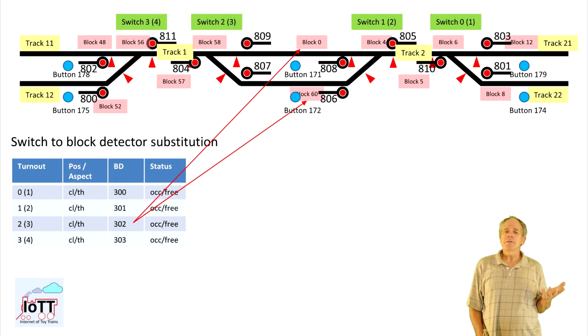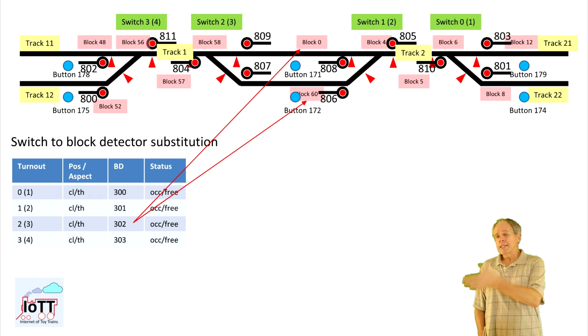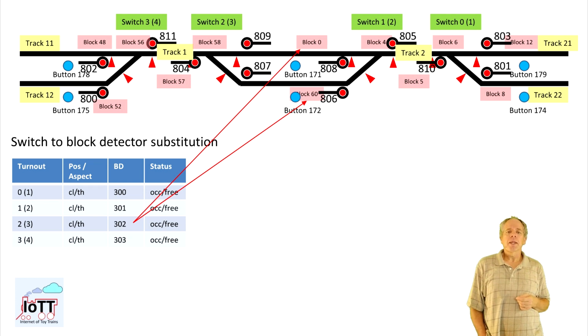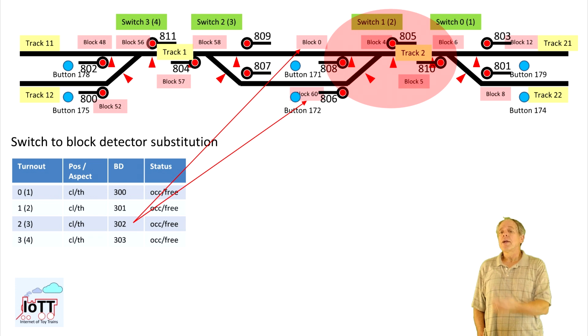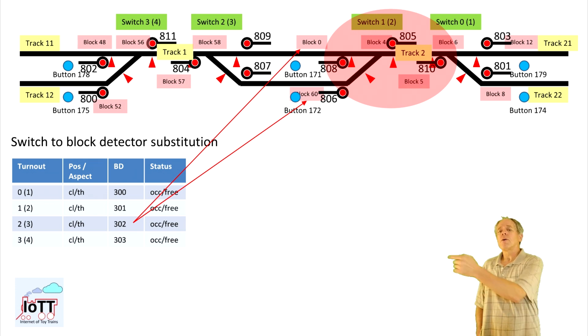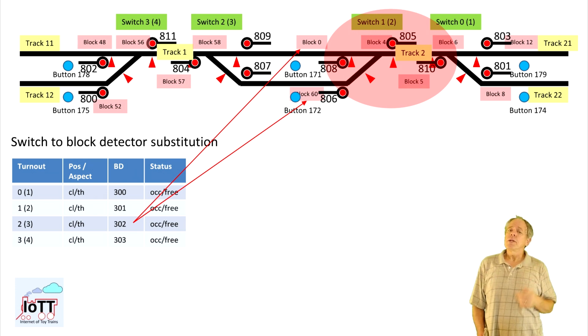Depending on the status, we then can use the occupancy status of either block 0 if the turnout is straight, or block 60 if it is diverting. And then we still have the problem of adding the information from turnout 1 and the blocks following the turnout. That weighs more than the 3 inputs we can process.